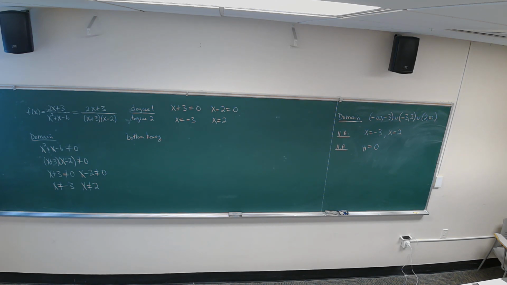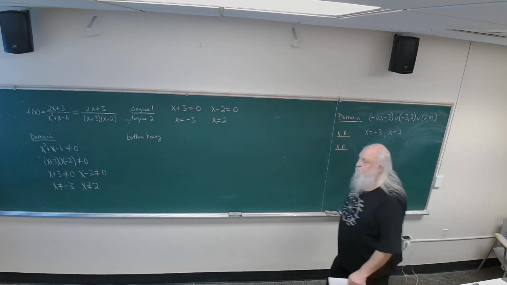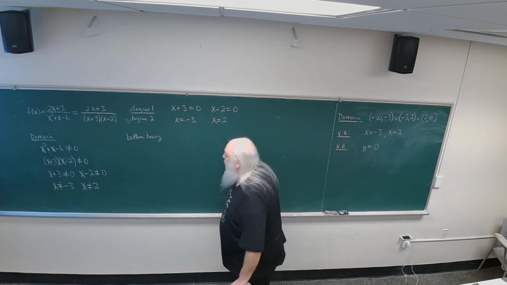Next, it asks for the coordinates of the x-intercept or intercepts and the coordinate of the y-intercept. And we talked about how to find the x-intercepts and the y-intercept yesterday in class.